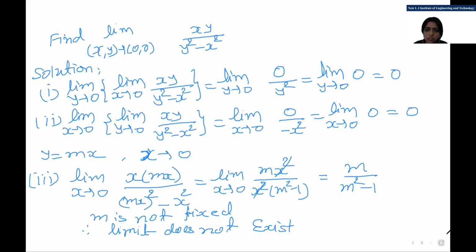Okay. So let's move with one more example. One student has a doubt: Ma'am, can we say that for m equal to 0 the limit exists?